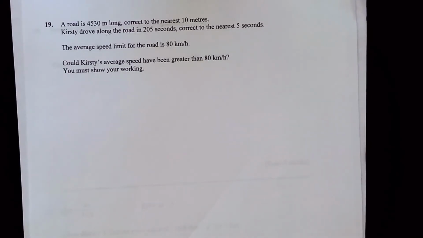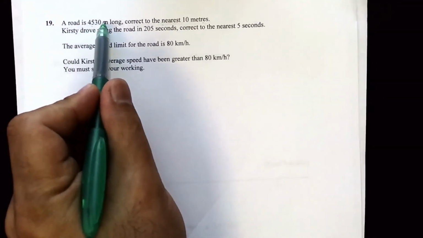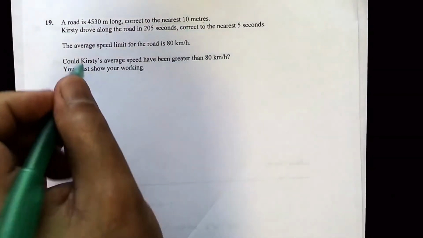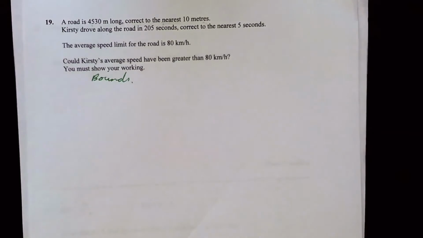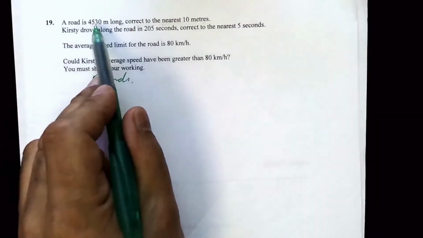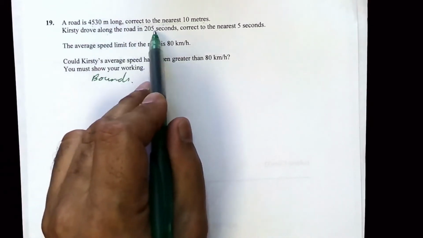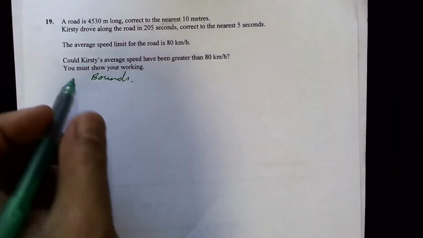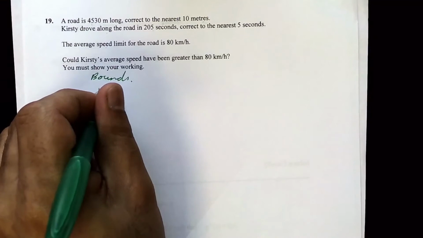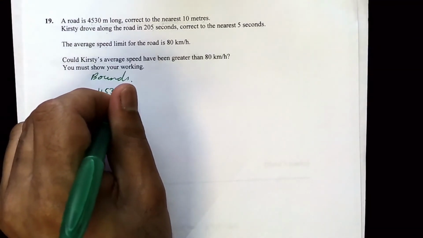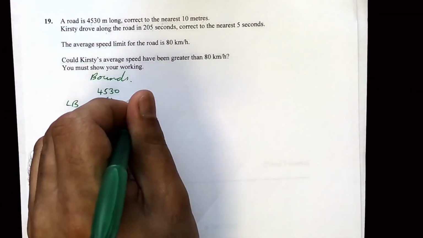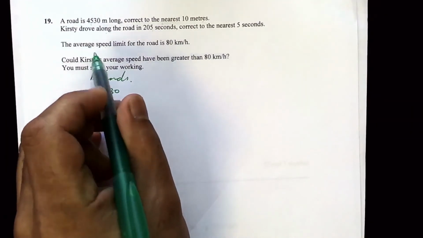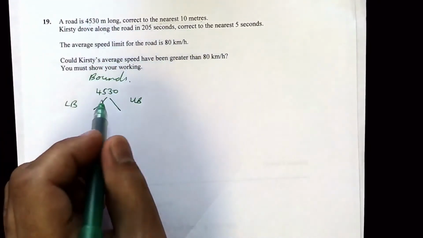So for this question, where you've already had numbers that are rounded, this is the topic of bounds. First, we work out the upper and lower bound for each of the two values that we're going to be using. So for 4,530, I want the lower bound and the upper bound of the distance.